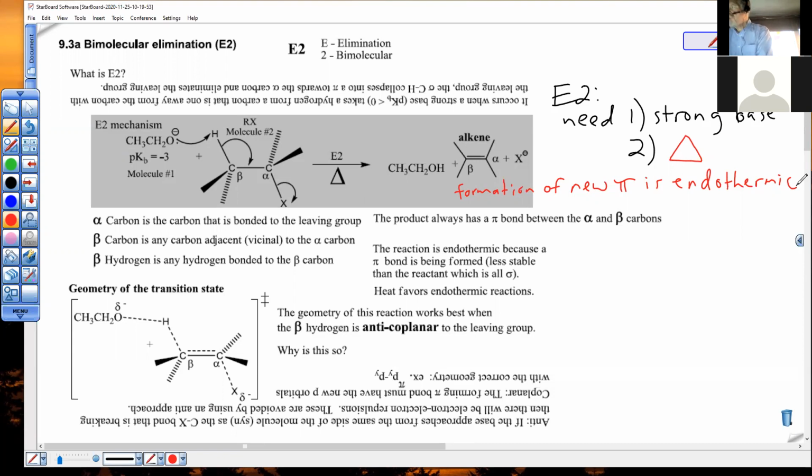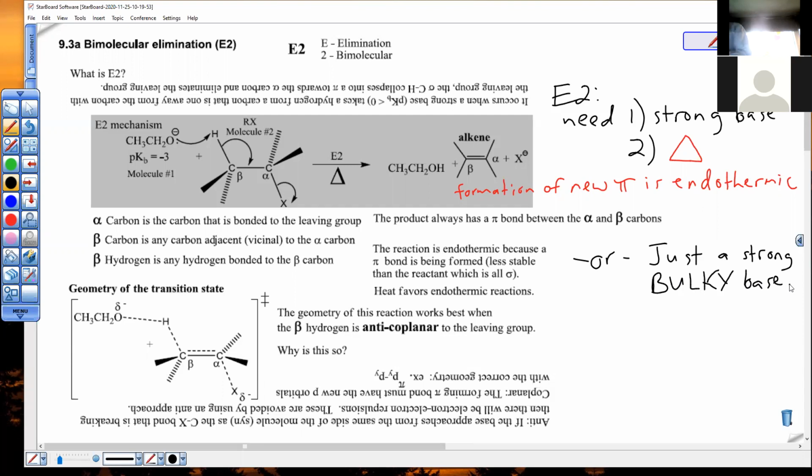We'll see an alternate. Might as well point it out right now. Or just a strong, and bring back an old word, bulky base.